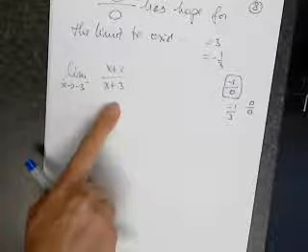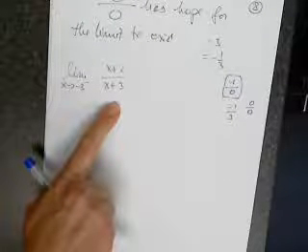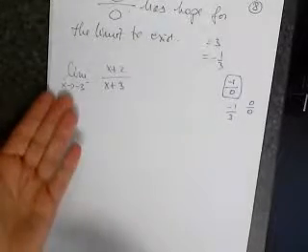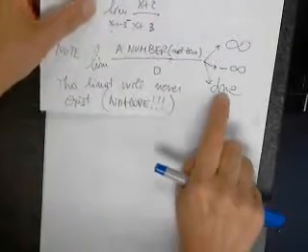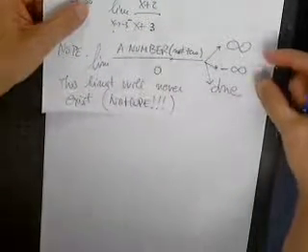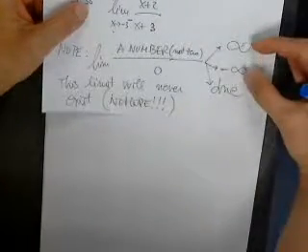A rational function does not oscillate from left or right of a number, ever. It does this or this. It may have a vertical asymptote, but it does not do this. So from the left, it cannot be this for a rational function. So I already narrowed it down to these 2.